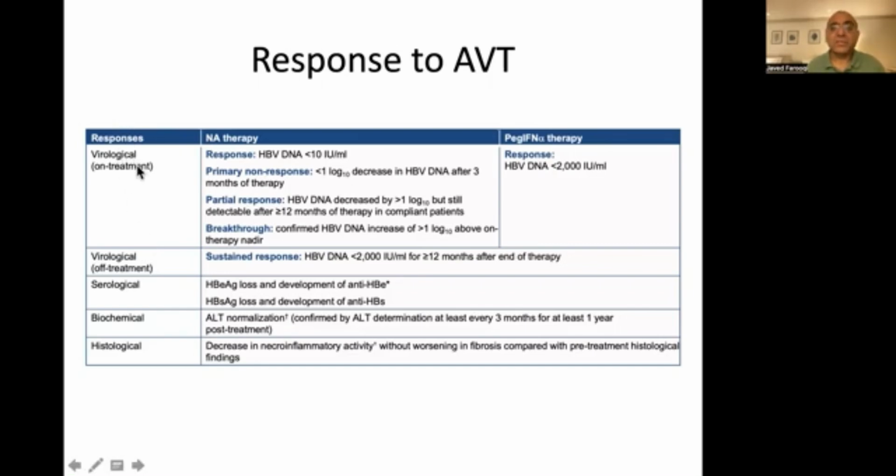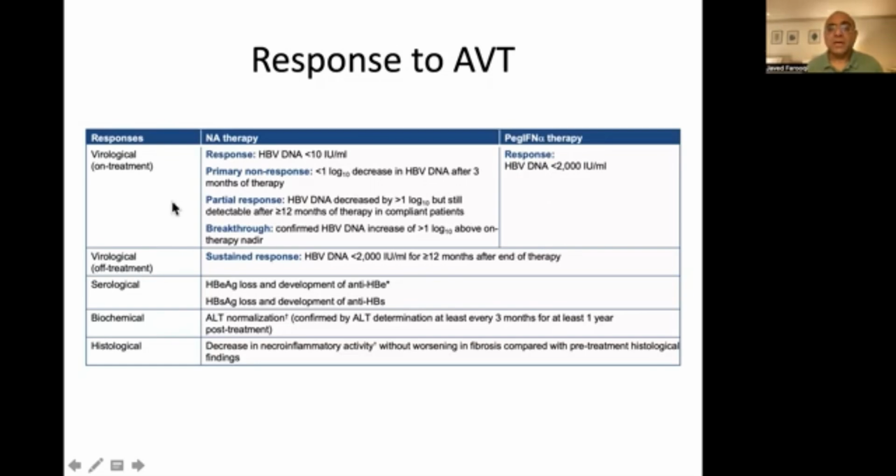This is the virological response on treatment, and this is the virological response after treatment, if we have stopped the antiviral treatment, which is done only in very few patients. Then what is the serological response, what is the biochemical response, and what is the histological response, and what should be for the NA therapy if the patient is on oral drugs, and what if the patient is on pegylated interferon.